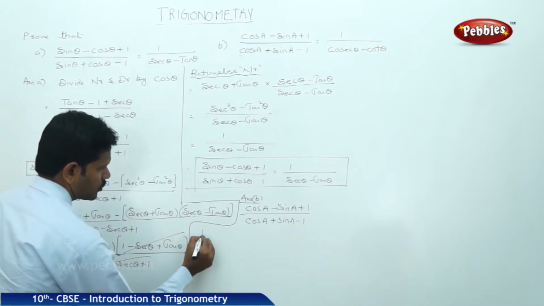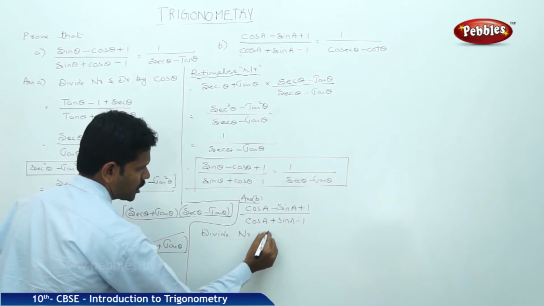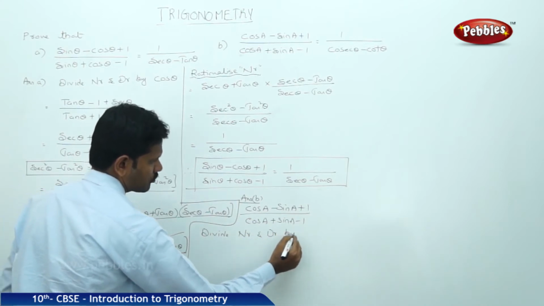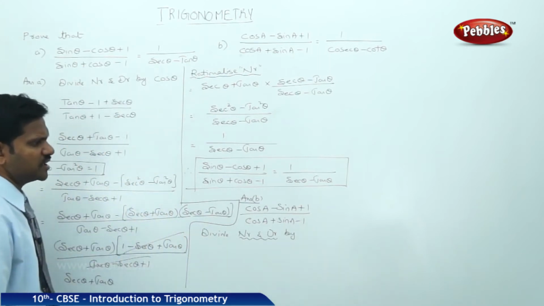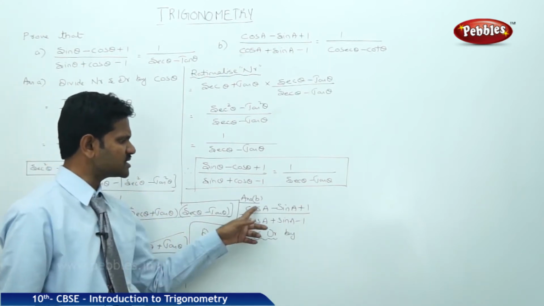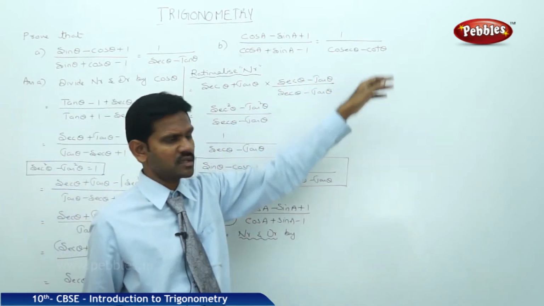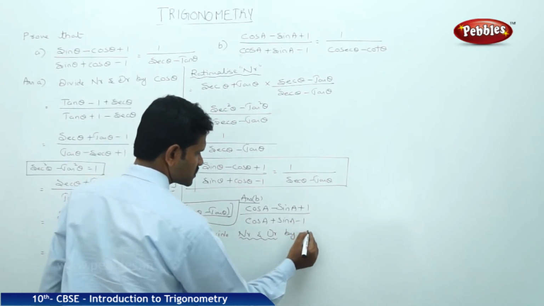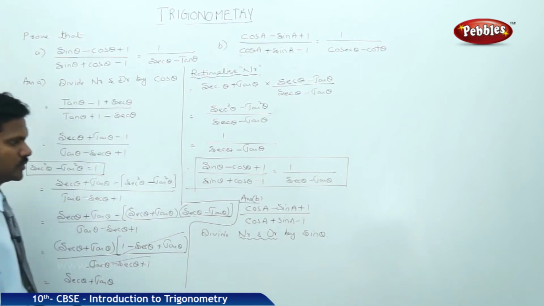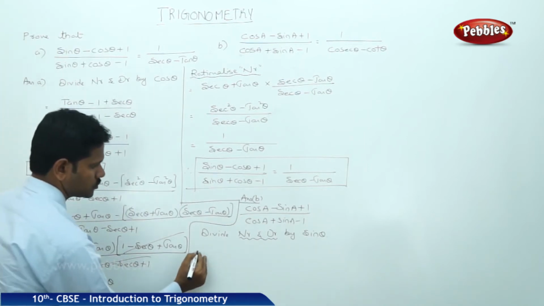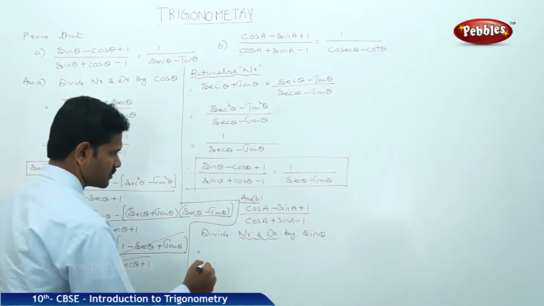Now divide numerator and denominator by sin theta. Suppose for example cos by sin, cot, yes it is there. Now the question changes to cos by sin.